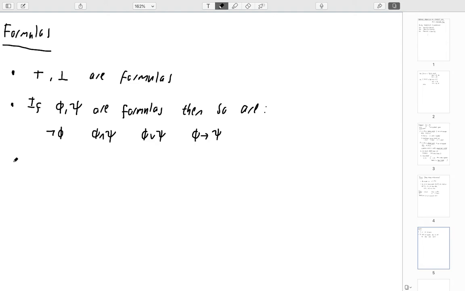But now we're going to have more complicated atomic formulas that make use of the predicate symbols we've got.